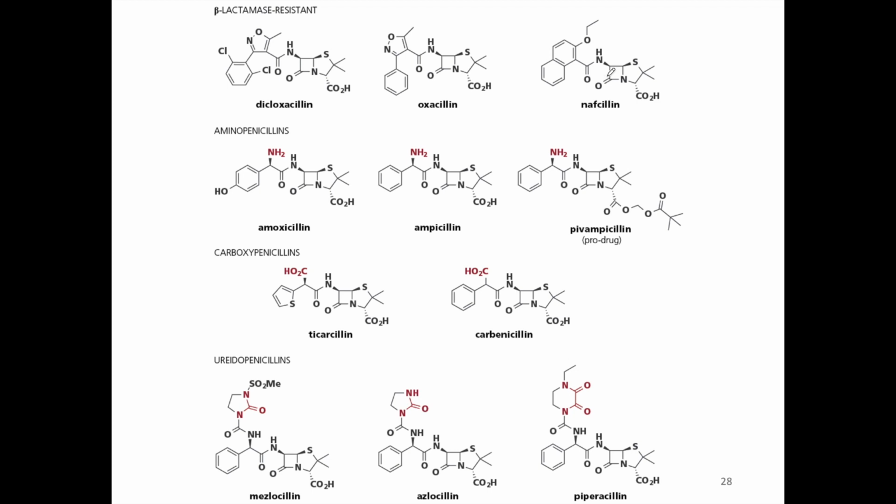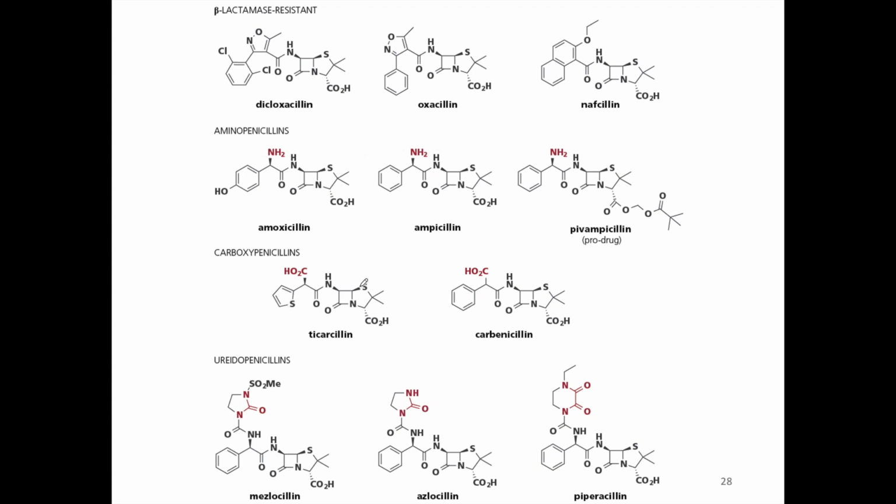We have more beta-lactamase resistant molecules at the top, and they block the reaction of the beta-lactamase with the beta-lactam ring. Amoxicillin and ampicillin have a broader spectrum of activity, and that's suggested by the presence of this amino functionality.